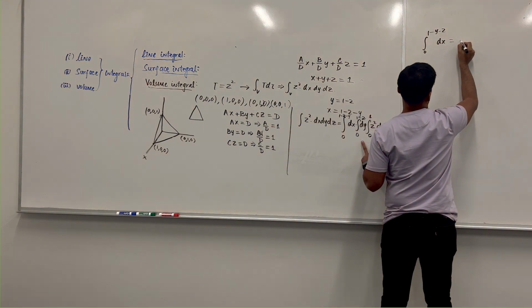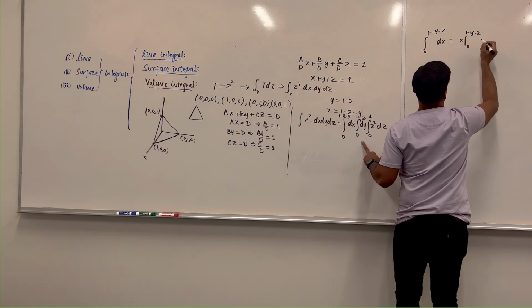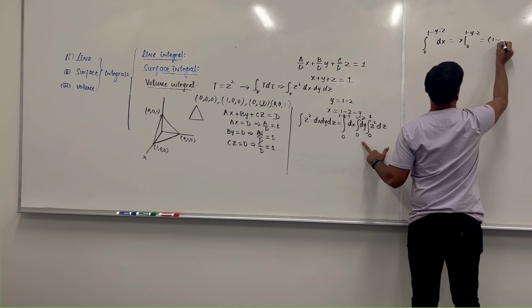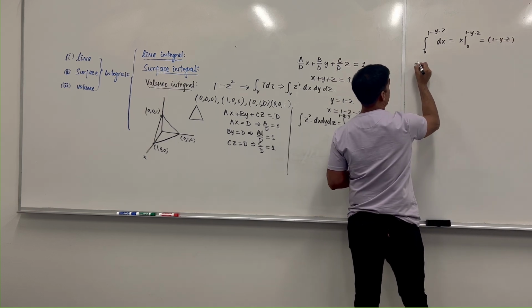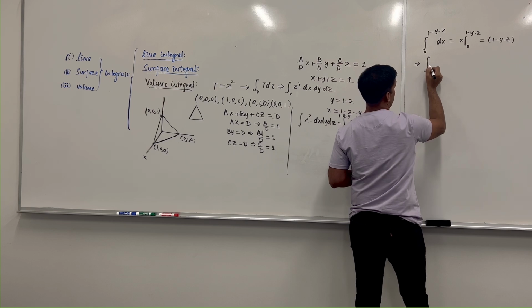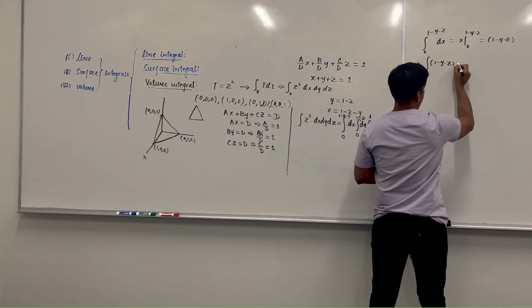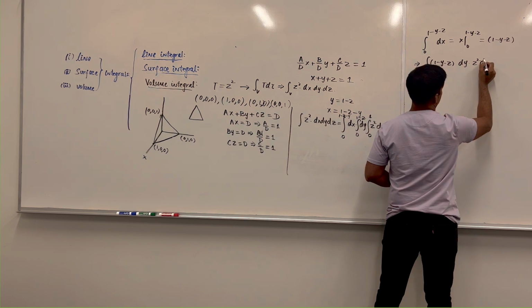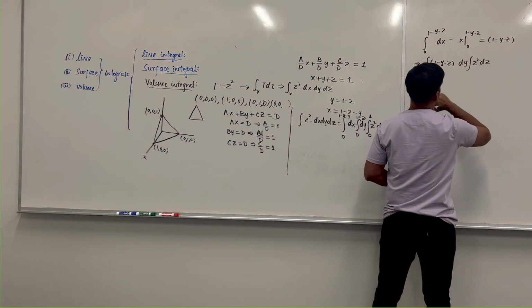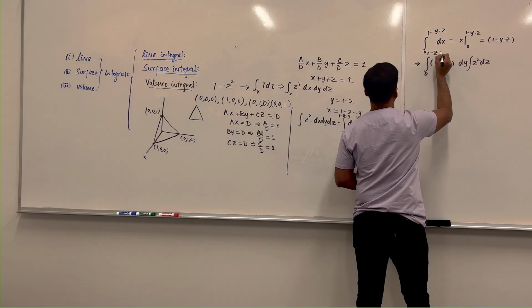This gives us just x, from 0 to 1 minus y minus z, which gives us 1 minus y minus z. So now let's put this into the remaining integral. We have 1 minus y minus z, and then dy and z² dz.